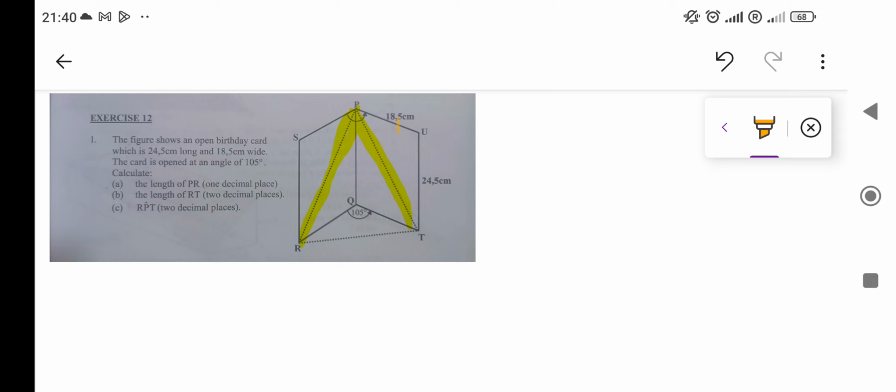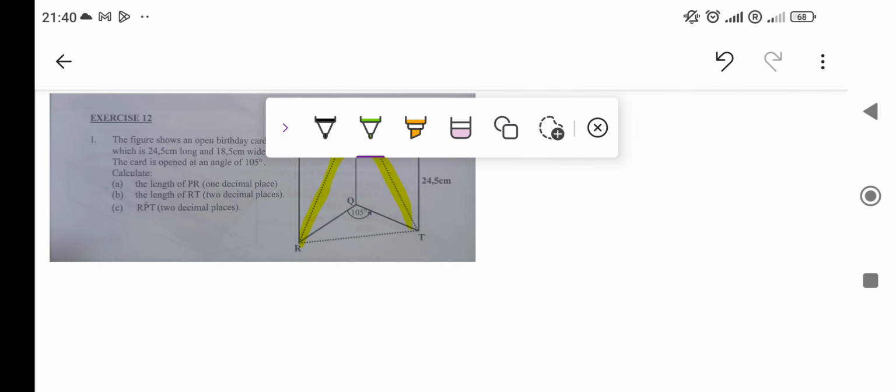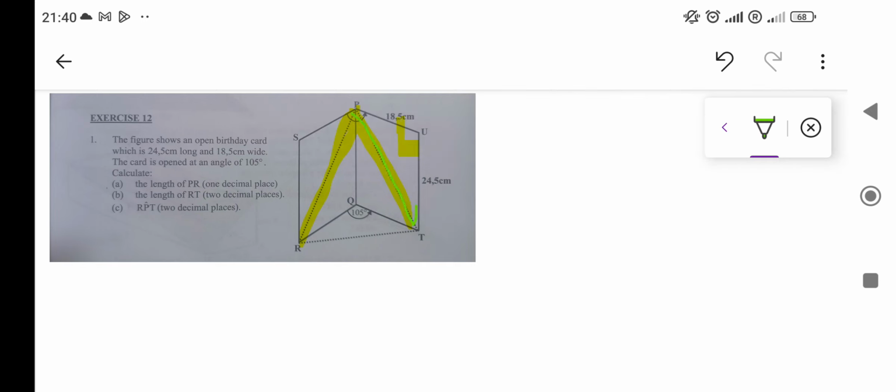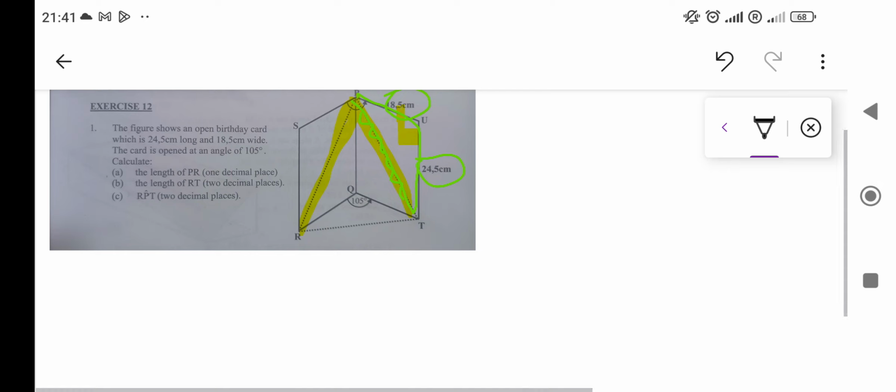Also we mentioned that this is 90 over here, so I'm hoping that we see it. Over here we have a right angle triangle. That's the first triangle we're going to work in, and in our right angle triangle we are given this length. We need to find this length. So let's do some quick math. We have two lengths and we need the third length, so we can use Pythagoras.